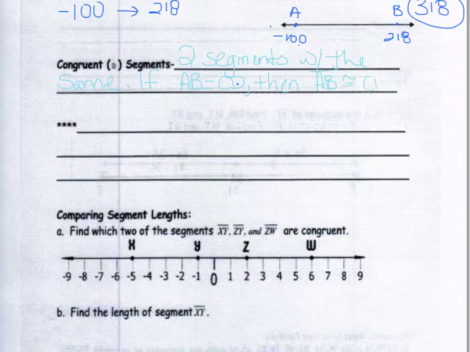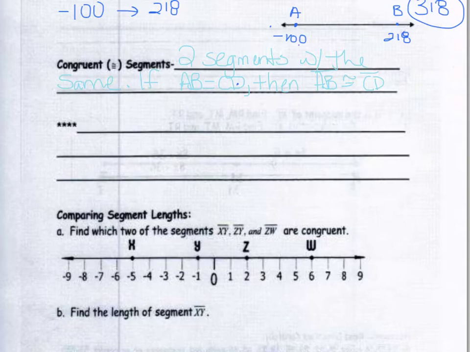And I talked in class about the importance of when you use an equal sign without the little mark above, and when you use a congruent sign with the mark above. So that can get confusing. So go slow and think about it.